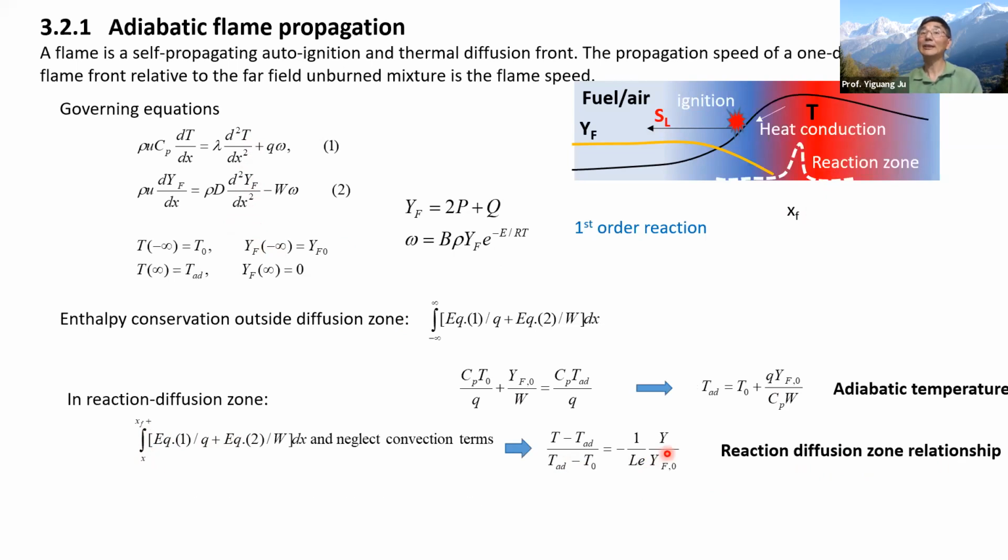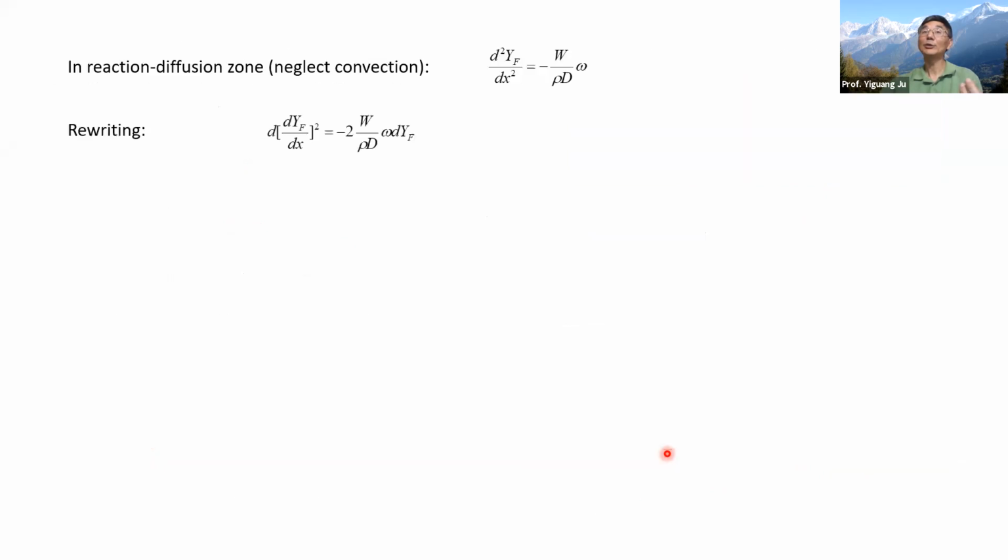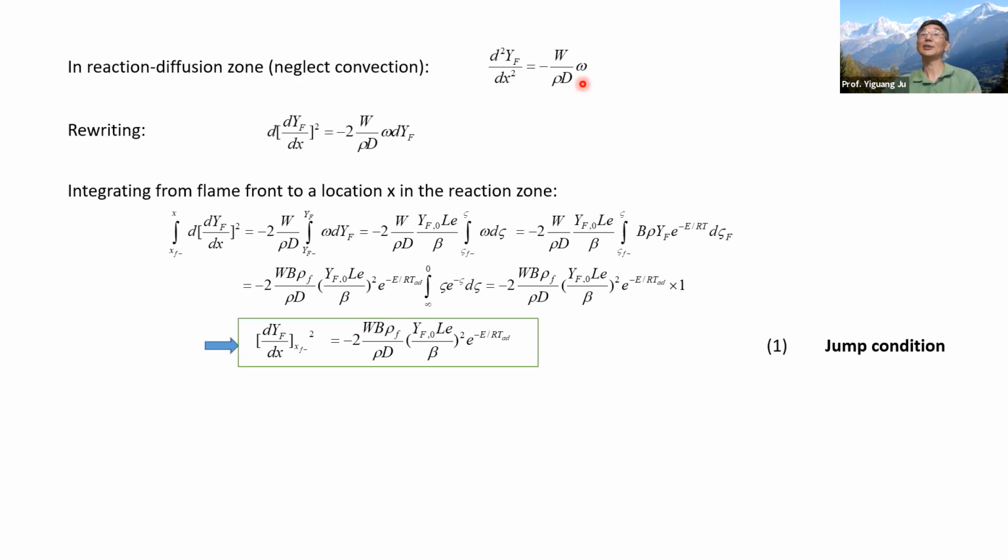So now you have to do an integration in the reaction zone. In the reaction zone, the reaction is governed by diffusion and reaction. So you can integrate this reaction equation from the unburned to the burned. Using the relation we derived before, you end up with this kind of jump condition for the fuel gradient before and after the flame.